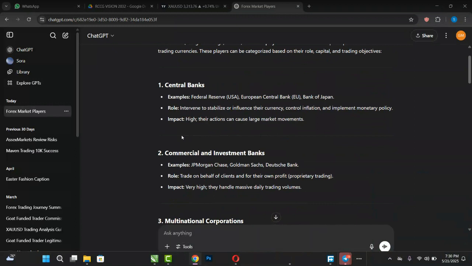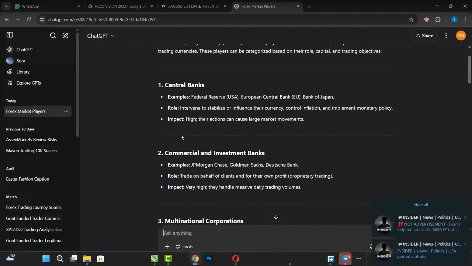For example, GBP/USD, that's Great British Pounds against the United States dollar. Pounds are spent in the UK, United Kingdom, while the US dollar is spent in the United States. So you have to understand the economy of those two countries. That will help you in your own analysis and decision making in the market.